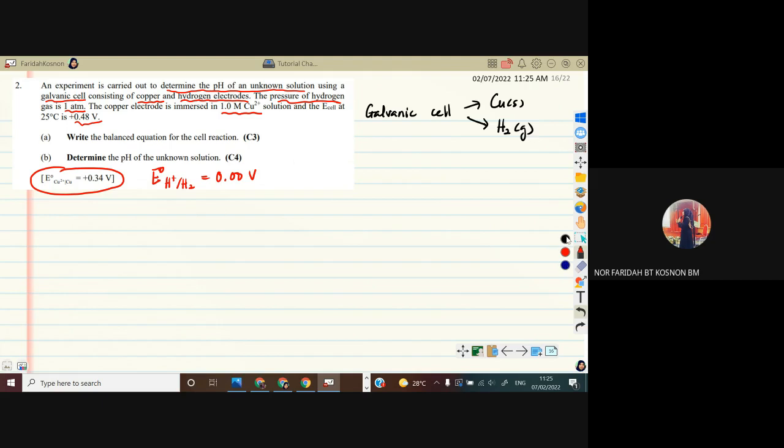So in this case, saya conteng dulu kat sini siapa elektrod yang jadi anode, siapa pula yang jadi cathode. Boleh sebut anode siapa? Nak pilih anode, nak pilih nilai yang macam mana? More positive or more negative? More negative. Jadi siapa dalam kes ni?